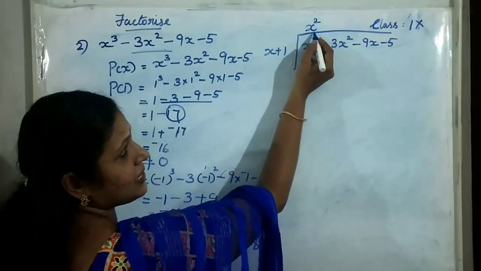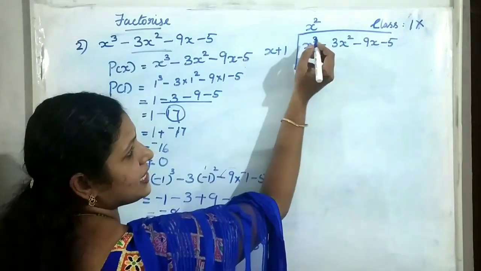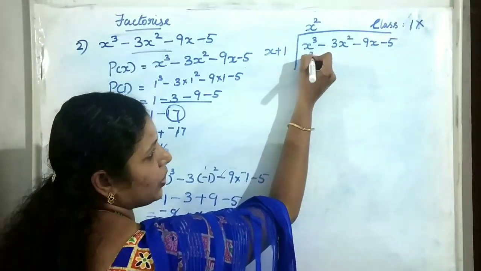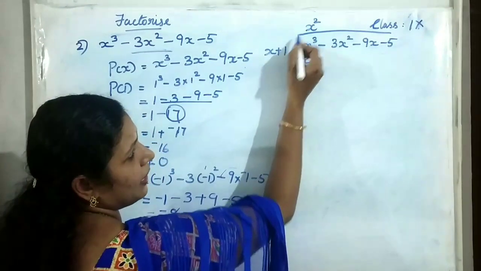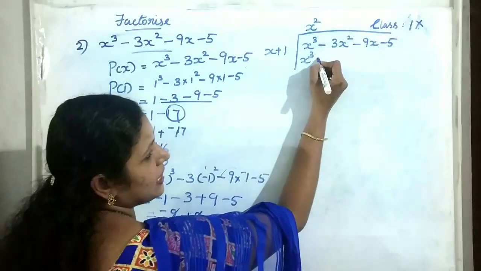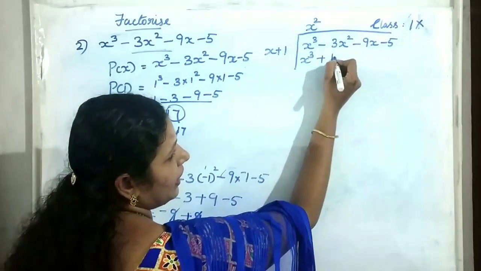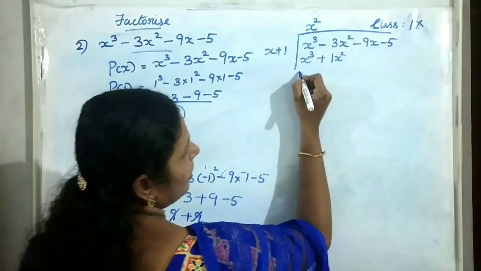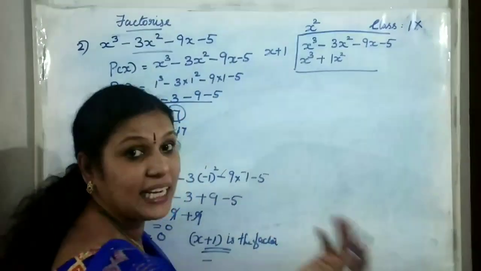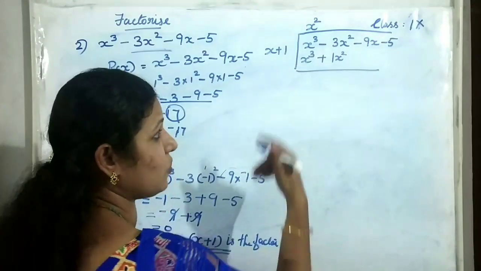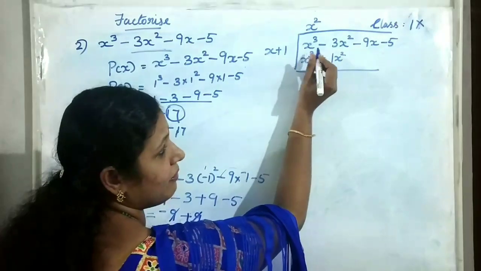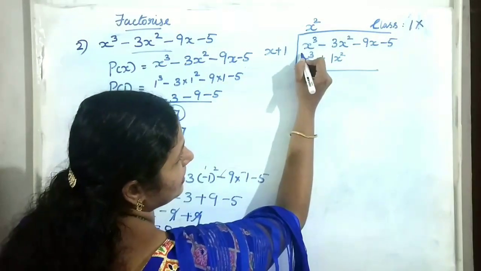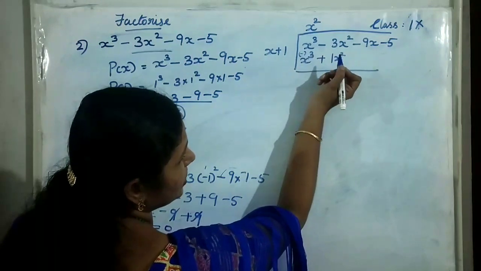Now multiply this. X square into x is x cube, plus x square into 1 is plus 1x square. Next step is the additive inverse, that means subtraction. So we put the additive inverse: plus x cube becomes minus x cube.